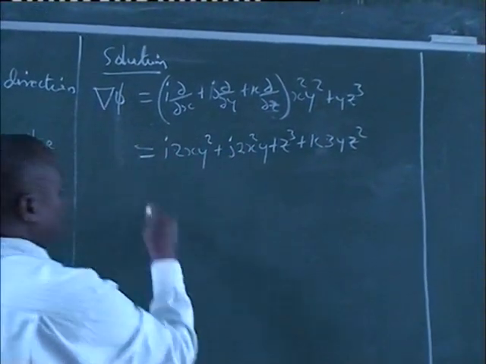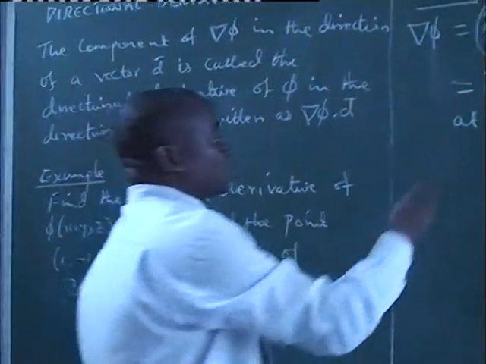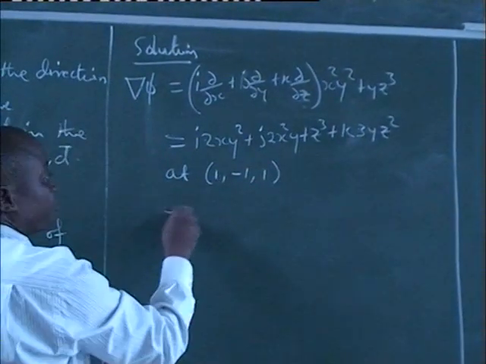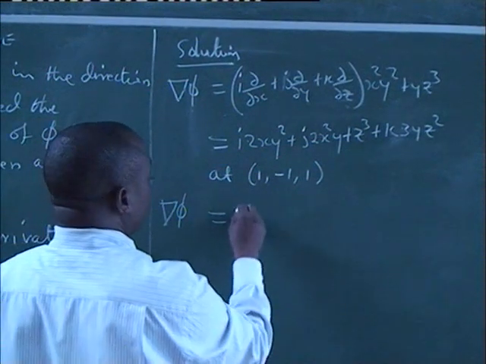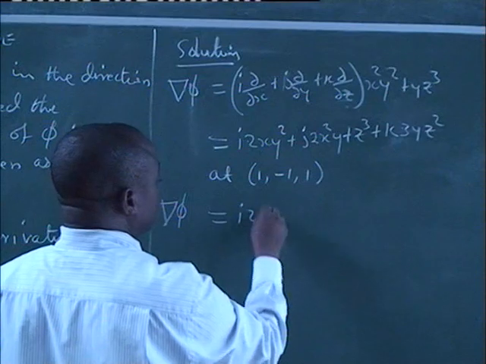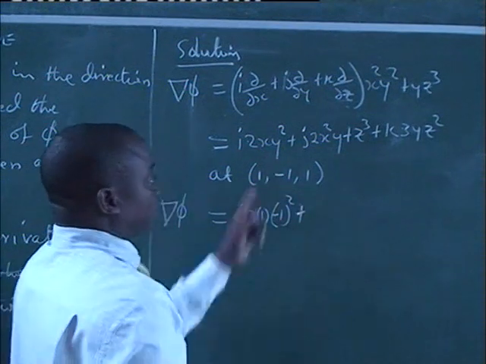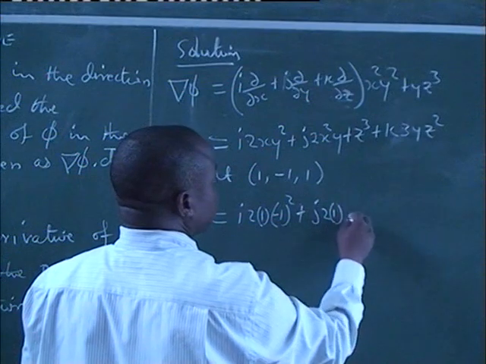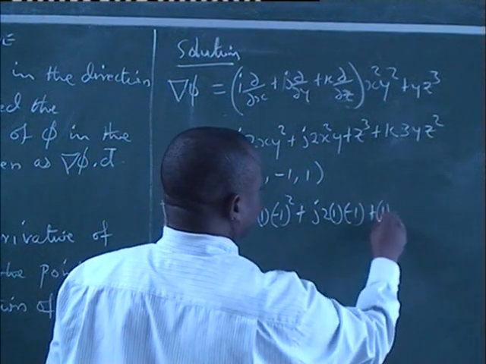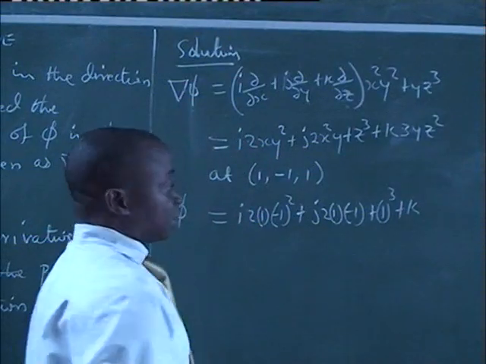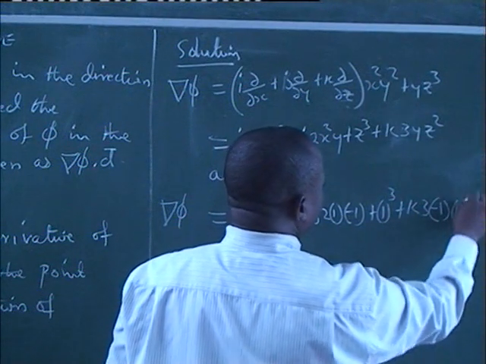3yz squared. At the point they gave us, 1, minus 1 and 1, the differential operator times phi will be equal to i 2 times 1 times minus 1 squared, plus j, 2 times 1 times minus 1 plus 1 cubed, plus k, and then we have 3, y is minus 1, and then 1 squared.